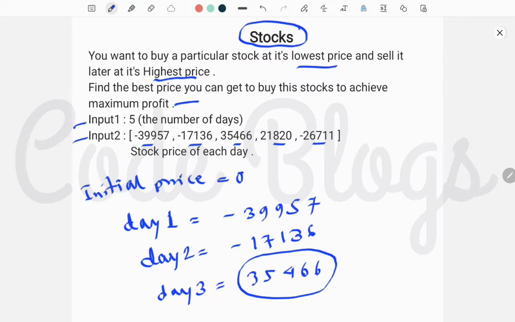That means if we buy the stock at day 3, then we cannot get maximum profit. But if we buy the stock at day 2, we can achieve maximum profit, and we can sell the stock later to get maximum profit.